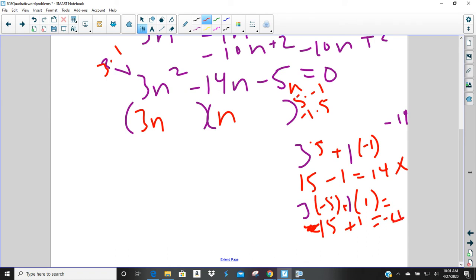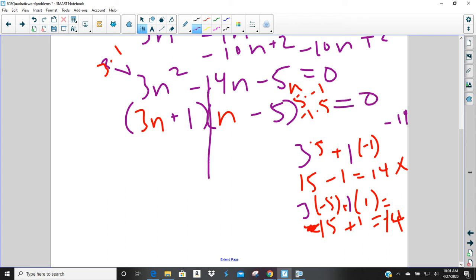So this is what we're going to use, right? I'm going to put the -5 here, and I'm going to put the +1 there. All right, and that equals 0.